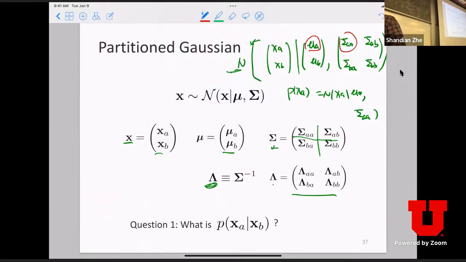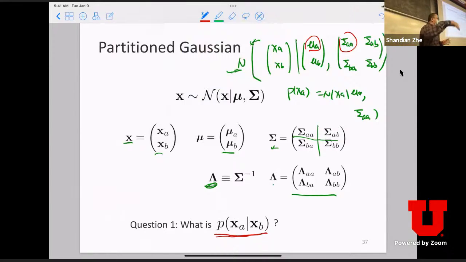This technique is not only useful to answer this question, but also useful in a lot of applications and modern problems. To answer this question, we first take a look at, suppose we're not trying to calculate the marginal distribution, but the conditional distribution. Suppose XB is given.